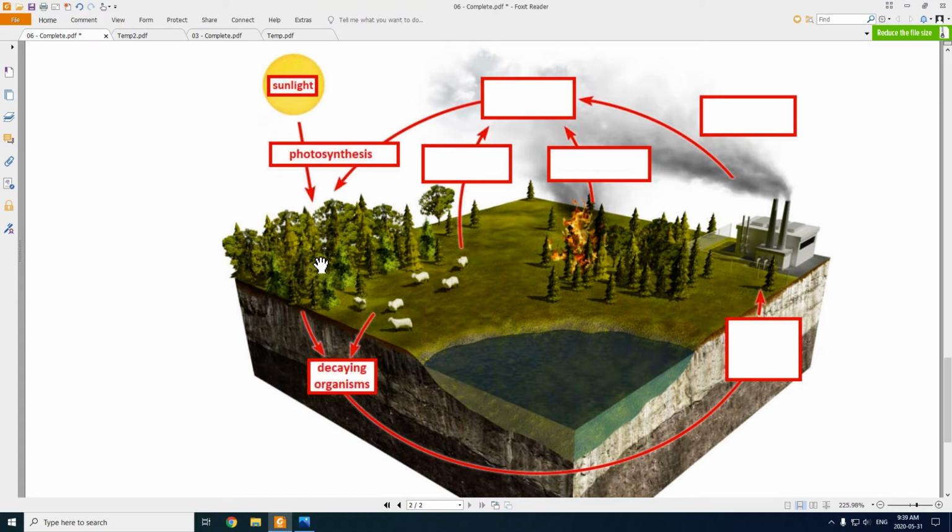Now, what happens when a plant dies, right? Let's say you have a tree that dies. Well, when a tree dies, eventually it starts to decay, it breaks down, and as a plant or an animal is decaying, it will release that carbon back into the atmosphere.